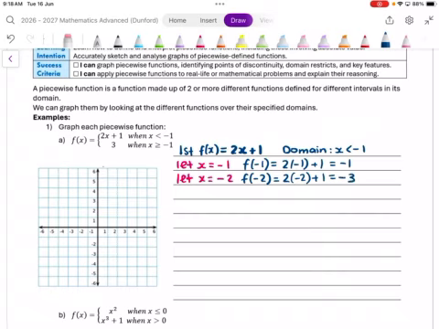Now, as x is less than negative 1, we have to use an open circle, as it doesn't exist at x equals negative 1 for this function.